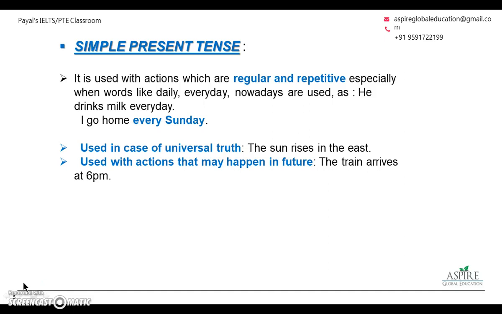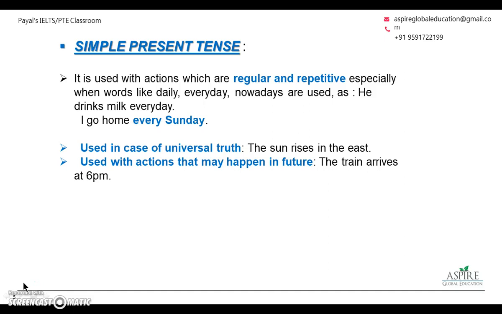Do not think that because you take 15 minutes to drink milk, you should say, I am drinking milk every day. No. This action is repetitive. It is the same action which you do every day. So therefore you would use simple present tense. He drinks milk every day. I go home every Sunday.